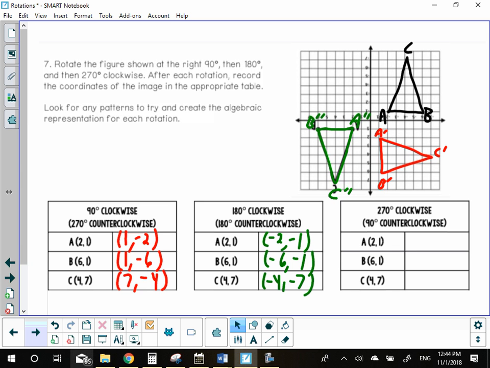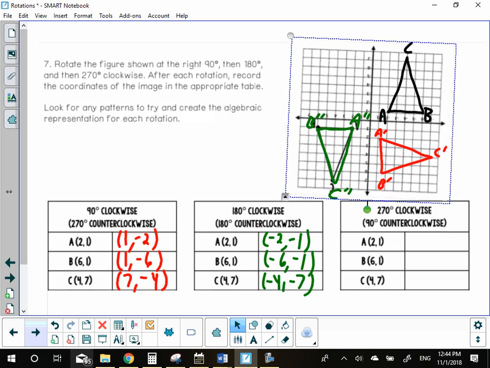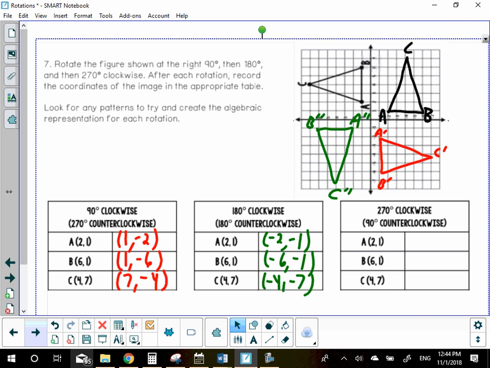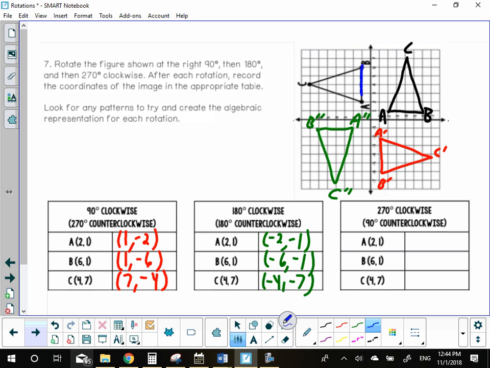Last we're going to do one more rotation. If you're already in this quadrant, you can go up another 90 degrees, or if you're starting at the beginning one, you can go backwards 90 degrees. 90 degrees counterclockwise is the same thing as 270 clockwise. So I'm going to rotate this one more time. It looks something like that.